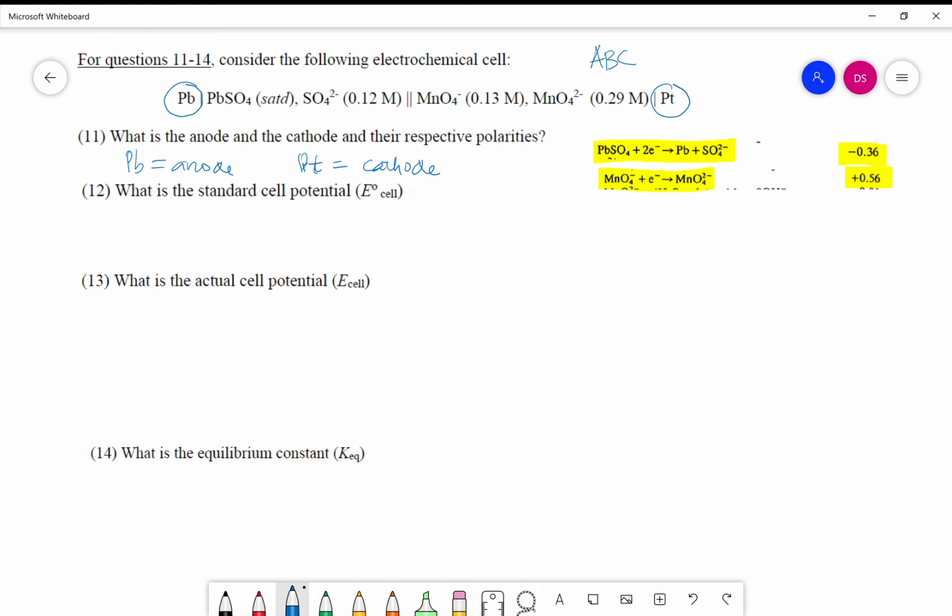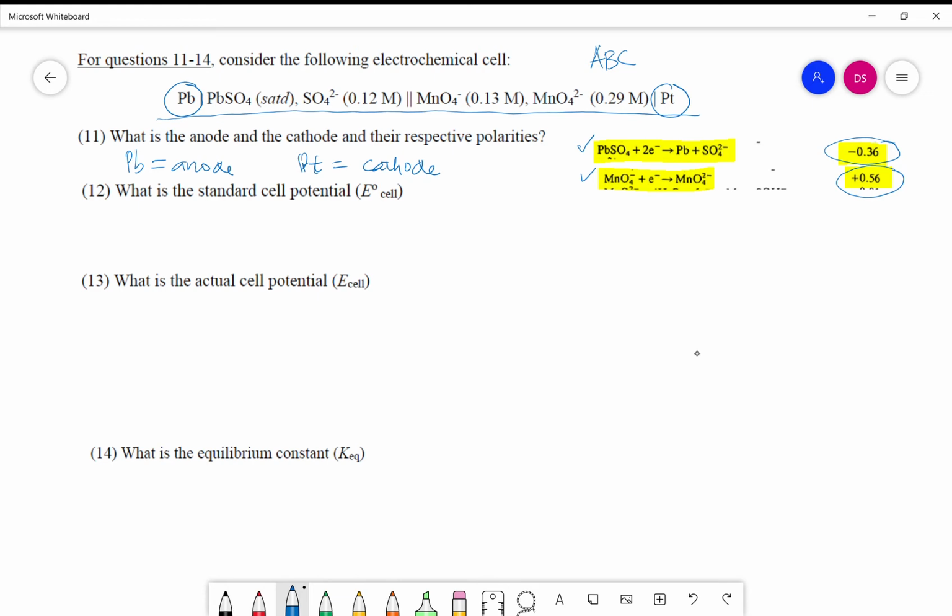Given the potential, so these are the potentials from the reduction potential table. So you have 0.36 and 0.56. If you calculate the potential based on the arrangement here, you have E manganese minus E lead, right? E right minus E left.